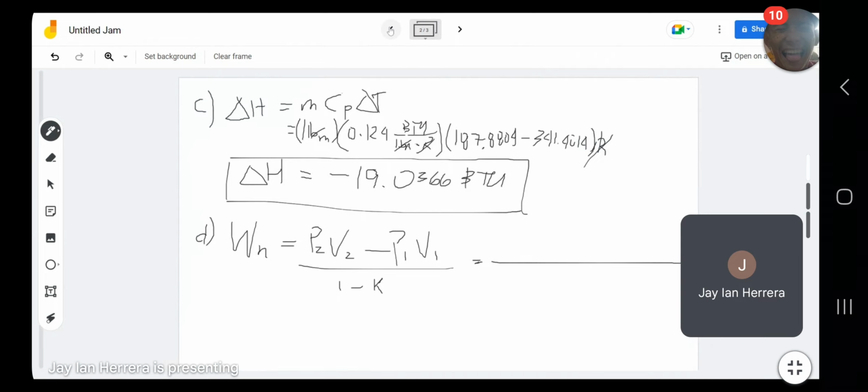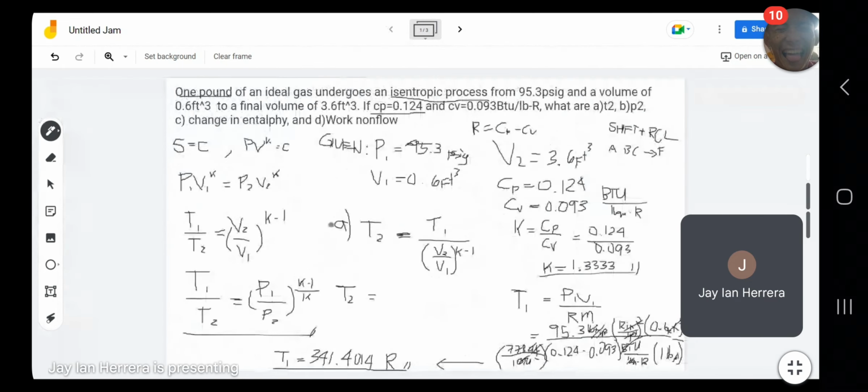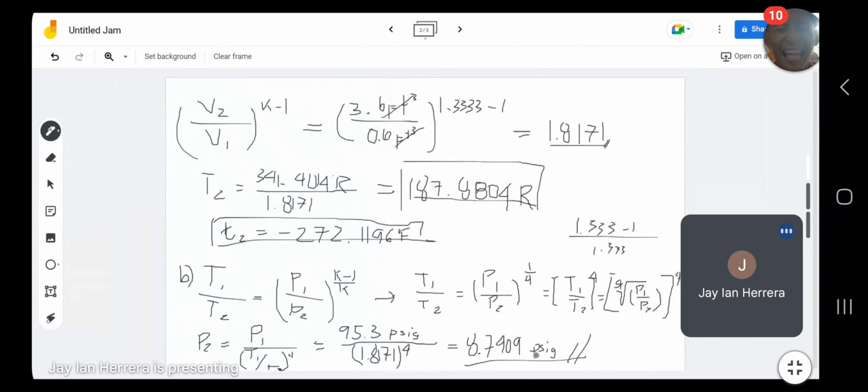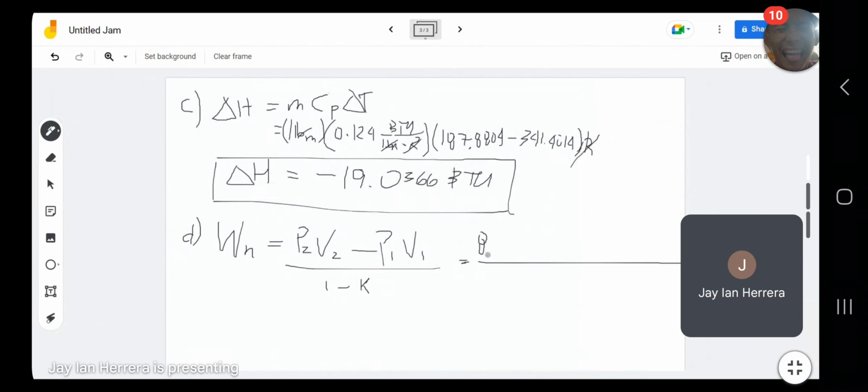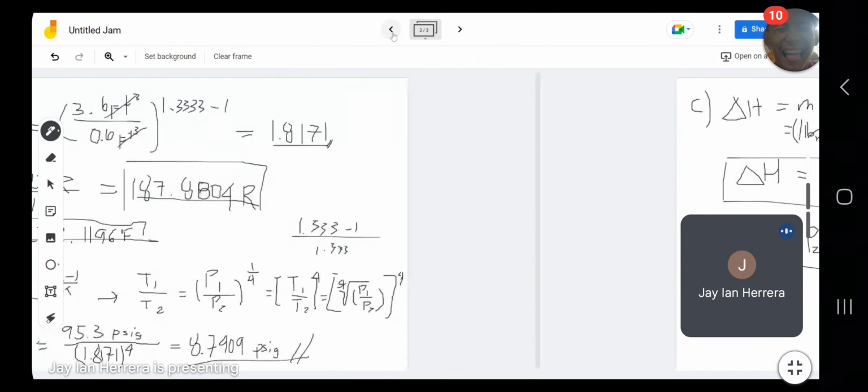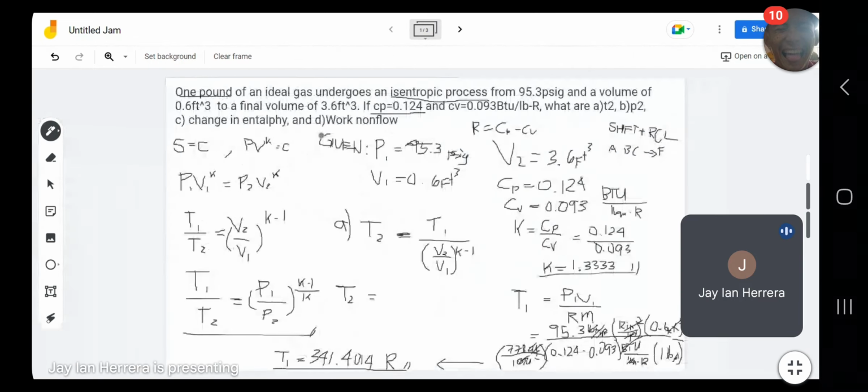So P2 natin, 8.7409, inches squared yan, so 144 na lang natin, inches squared per feet squared, multiplied by V2 natin, 3.6.